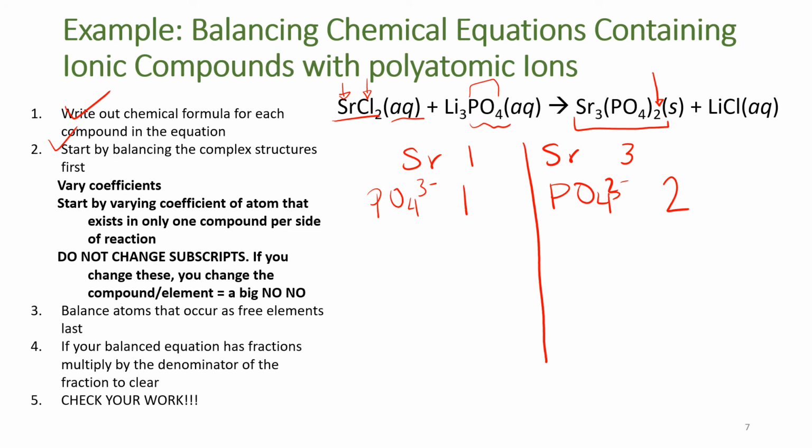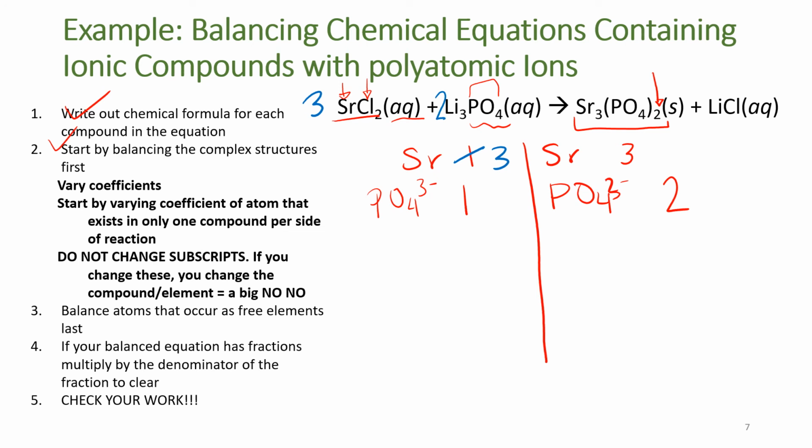The reactants have less than the products, so we need to figure out what coefficient we need to put in front of here. Because we have 3 strontiums on the products, we need 3 strontiums right here. So now we have 3, right? And in terms of phosphate, we know we need 2, so I'm going to put 2 right here. Now, yes, this affects lithium and the chloride, but we're going to fix that right now.